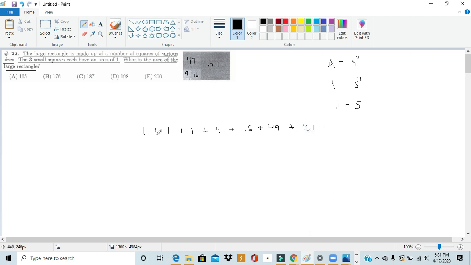And if we do that, we'll see that 1 plus 1 is 2, 2 plus 1 is 3, 3 plus 9 is 12, 12 plus 16 is 28. So this entire part is 28. And then I just like to group things that end in 9 and 1 together. So 49 plus 121 would give us 170. And we just get their total sum to be 198, giving us an answer of D.